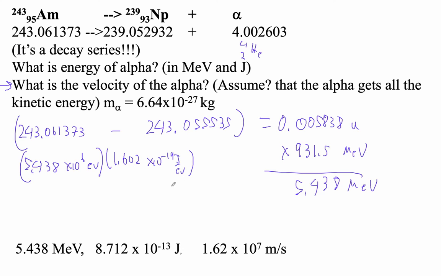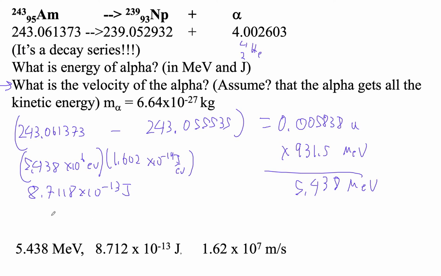So this answer I got, E6 times 1.602 E minus 19, is actually equal to 8.7118 times 10 to the minus 13th joules. That's not very much.